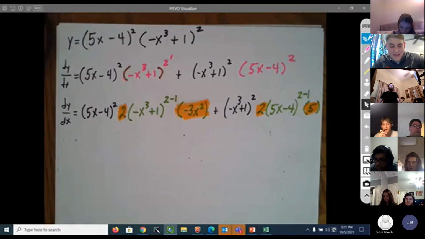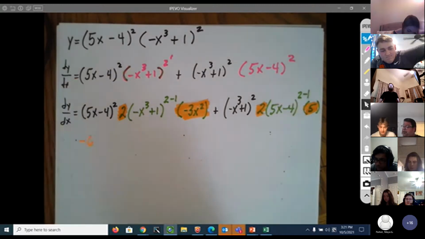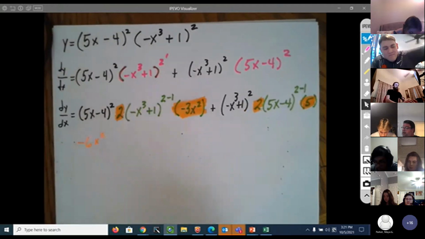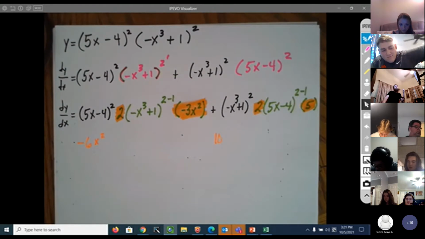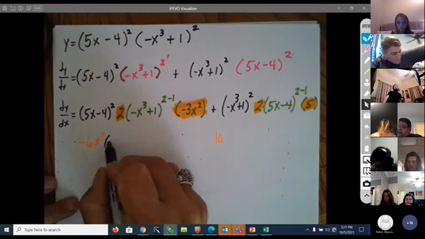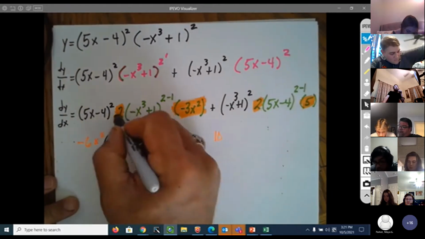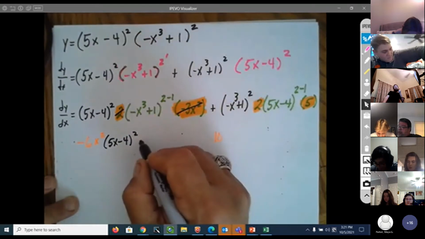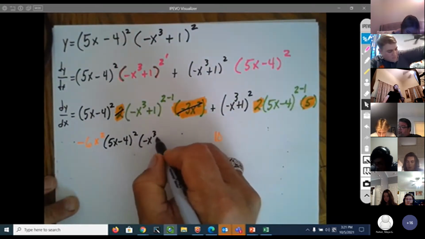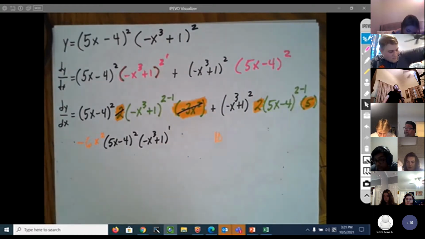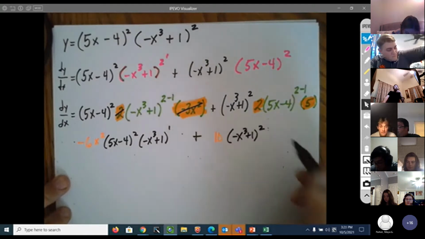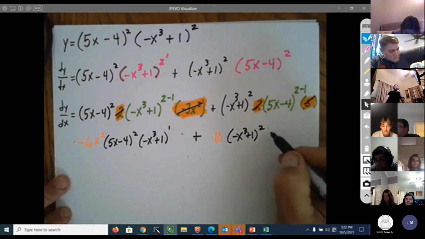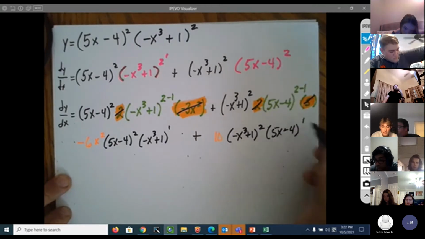So I'm going to take my orange pen, and that's going to be negative 6x squared, and this is going to be 10. (5x - 4)^2 times (-x^3 + 1) to the first power, plus (-x^3 + 1)^2 times (5x - 4) to the first power.